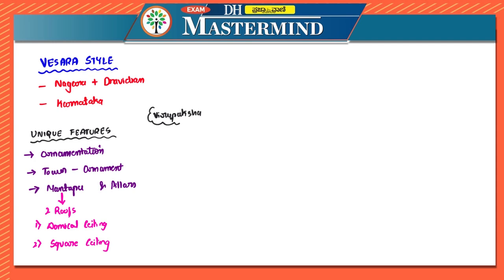So this Virupaksha temple is built in imitation of Kailashnath temple. Okay, and where is it located? It is located in Pattadakal. And this is the jewel of Chalukyan architecture.